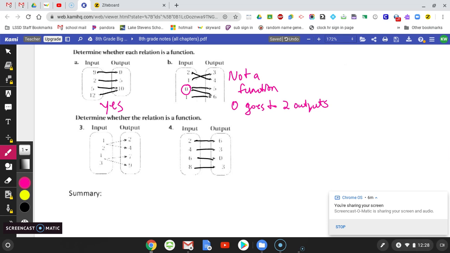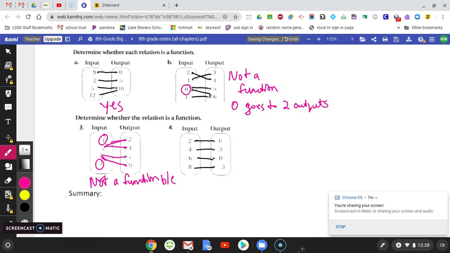Okay, for number 3, it's no, not a function because of, let's see. This one's hard to see, isn't it? Yeah, this one's poorly written. Sorry. This one shows that 2 has 2 coming out of it and 4 has 2 coming out of it. This one and this one don't have lines coming out of it. Sorry if that wasn't clear.